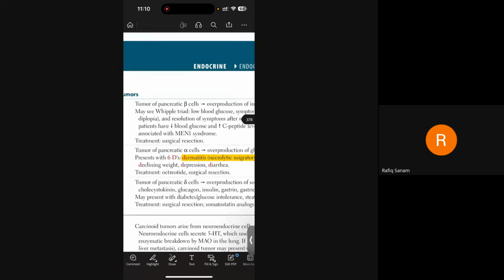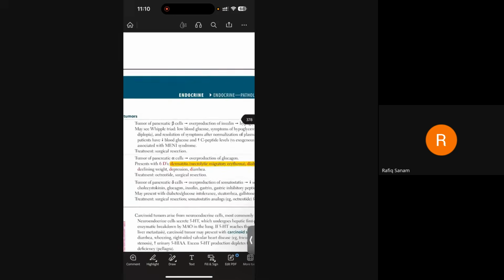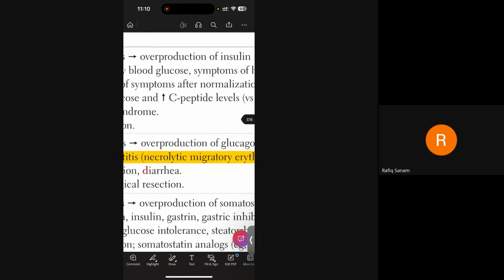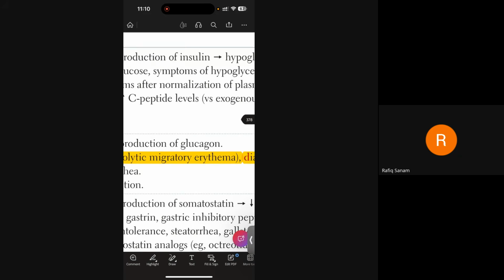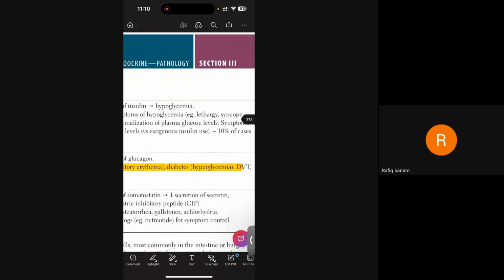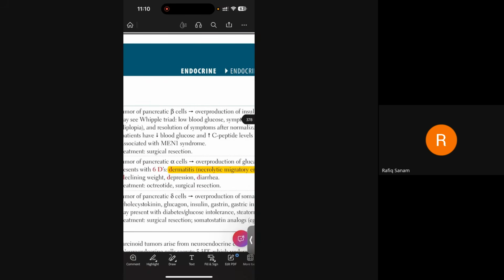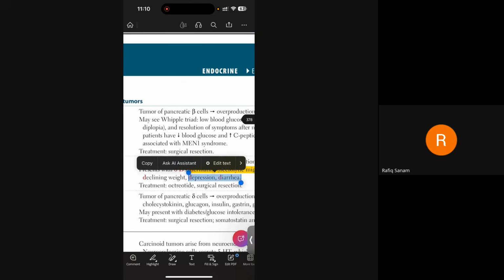In glucagonoma, there are 6 Ds. The first D is dermatitis. Necrolytic, our rash is necrolytic. Migratory erythema, our rash is erythematous. Diarrhea, diabetes, our patient has diabetes. DVT, declining weight, depression, and diarrhea.